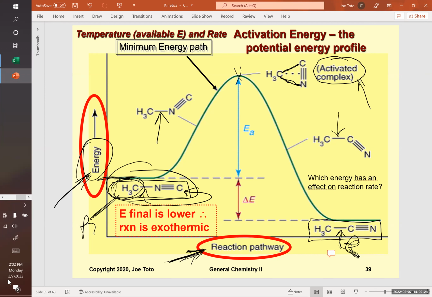So you'll often see activated complexes with a kind of a form showing that bonds are being broken. In this case, the carbon-nitrogen.